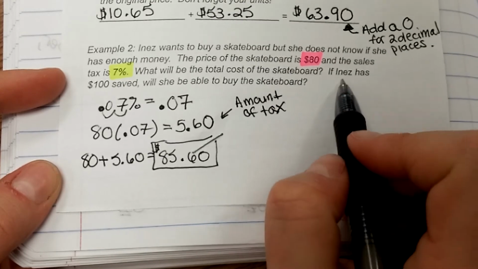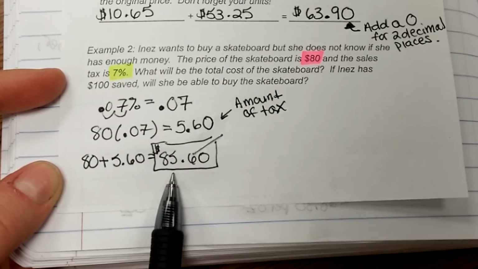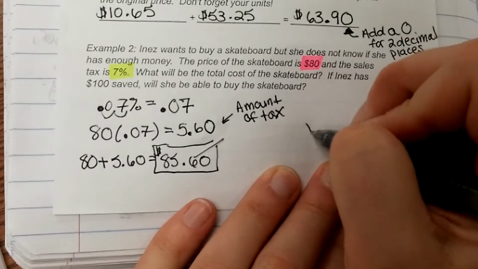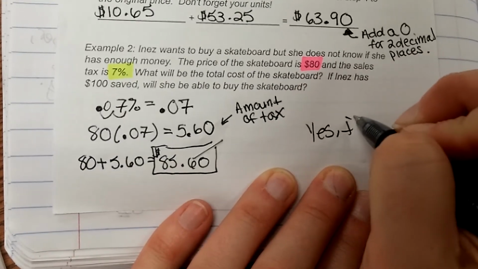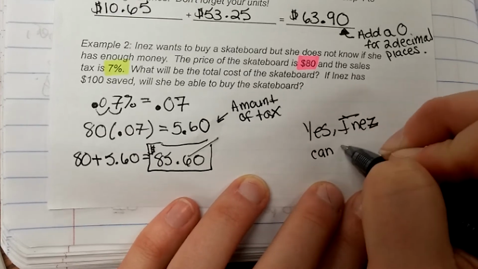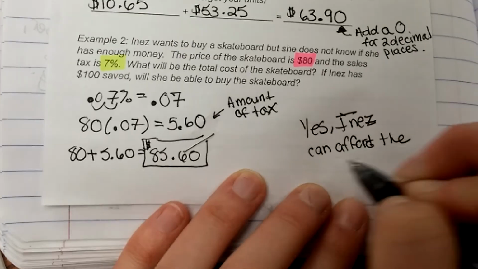And then the second part says if Inez has $100 saved, will she be able to buy the skateboard? Well, the skateboard only costs $85.60. She has $100, so yes, Inez can afford the skateboard.